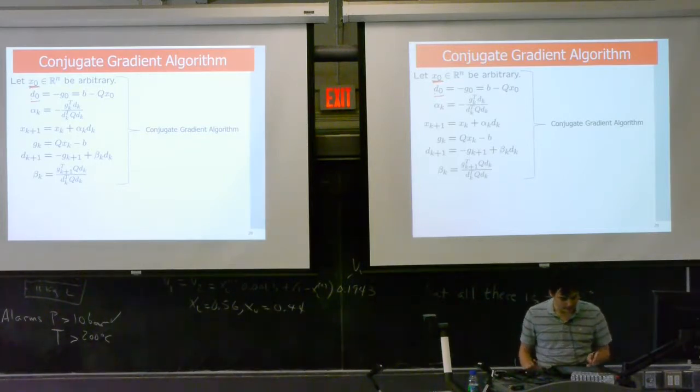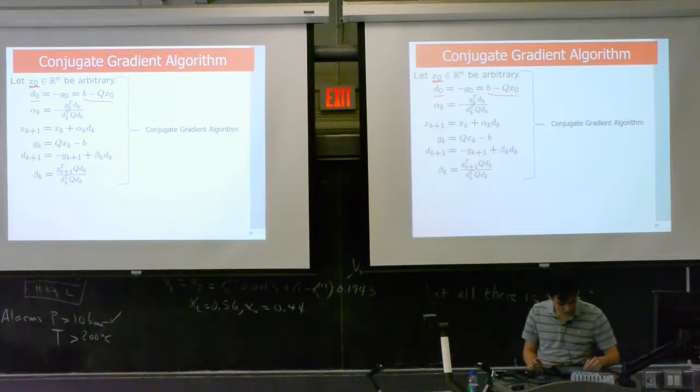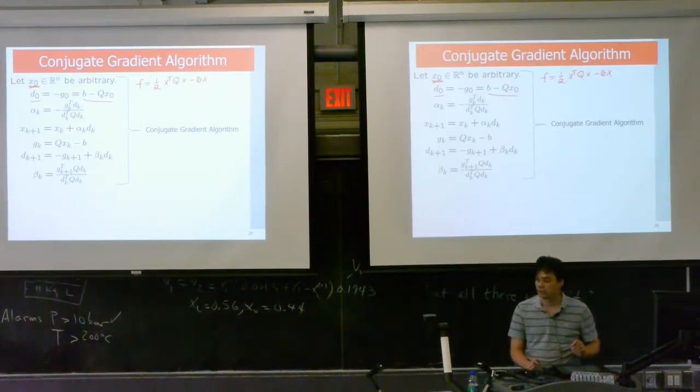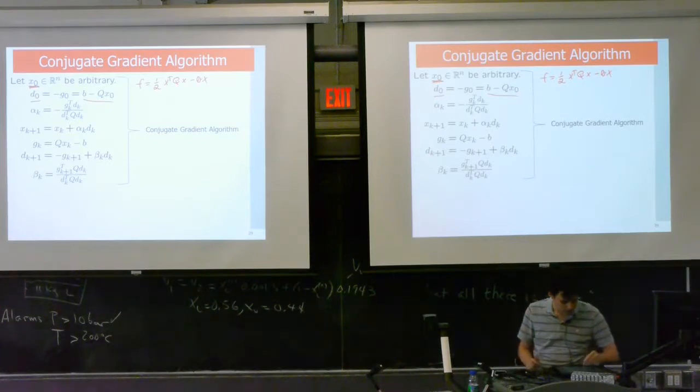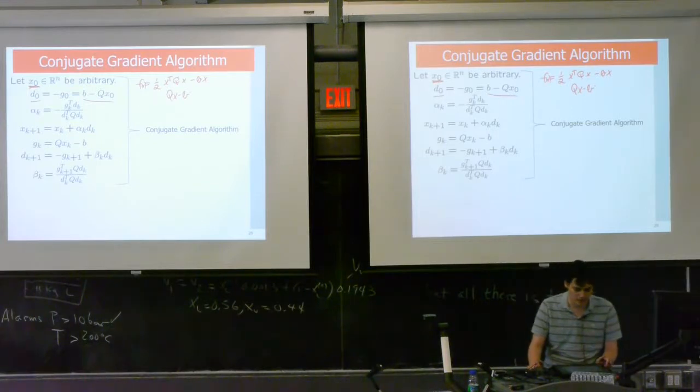So what's the negative gradient? It's b minus q x naught. Why? Because our function, if you remember, was this function. F of x is this, and its gradient is qx minus b. Its negative gradient is b minus qx.